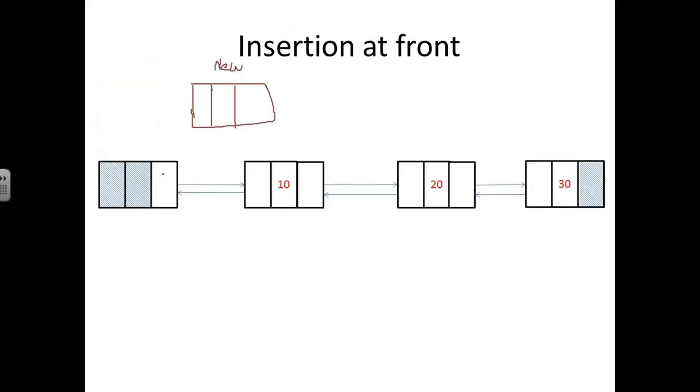So what is the value in header's next link field? It is holding the address of this particular node. Let me assume the address of this node is 1000, so this is the address of the first node. This value we are moving to the pointer. And this is our header node.